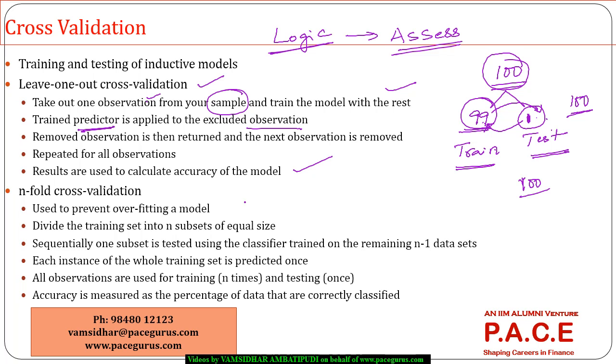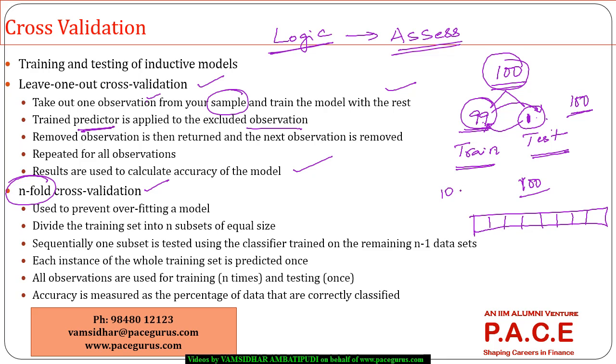This is very appropriate, especially when you have a very small sample size. But if your sample size is decently large, we have another mechanism called n-fold cross validation. If your sample is 100, I'll split it into n groups.